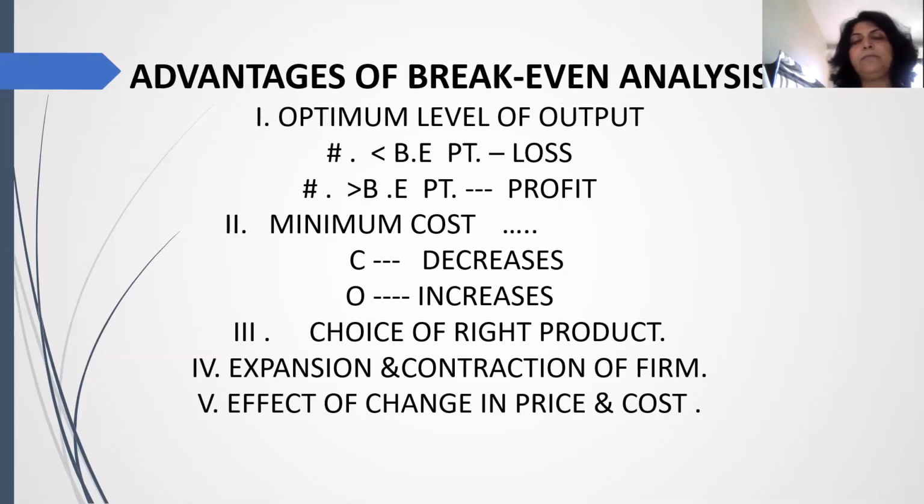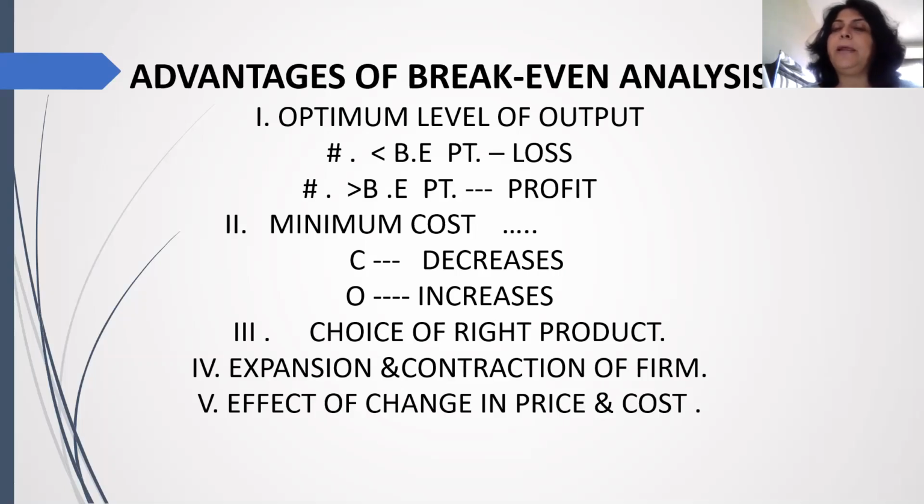Second advantage is minimum cost. Cost has to be minimum because if output increases and cost decreases, that will give rise to profits. Every decrease in the cost will give rise to profit beyond the break-even point.